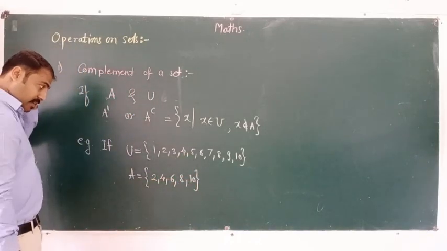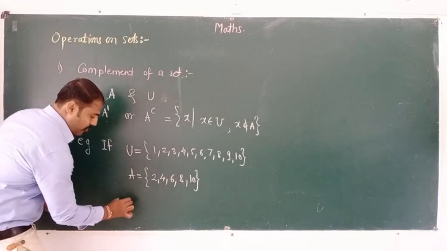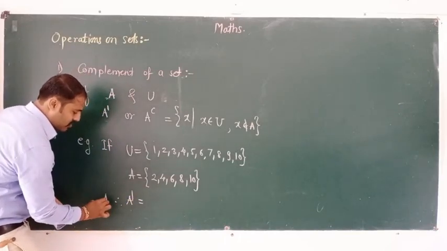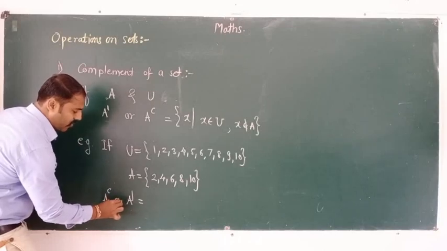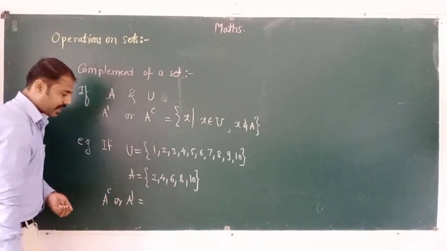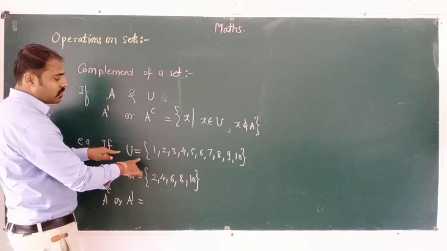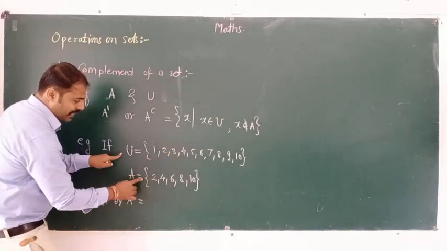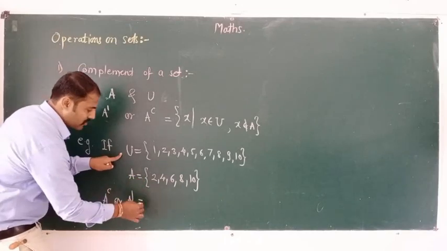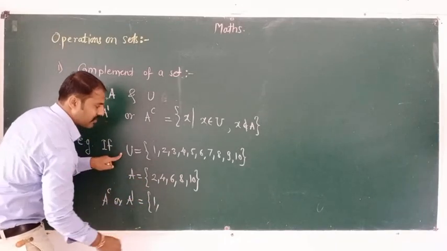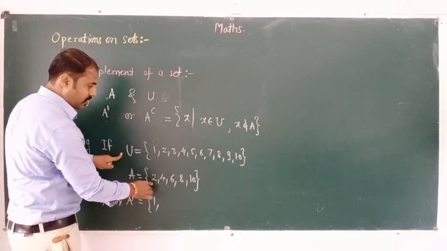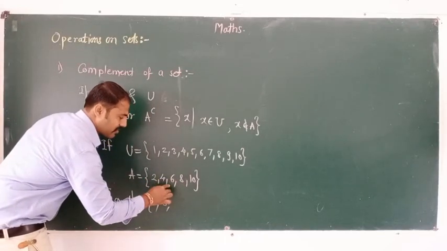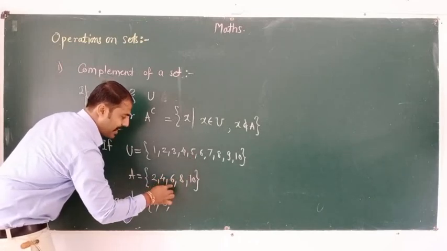Now the complement of that set is denoted by A dash, or it is also denoted as A complement, and is defined as the elements in U which are not in A. Is 1 in A? No, so write it. 2 is in A, yes, don't write. 3 is in A? No, so write here. 4 is in A, don't write. 5 is in A?